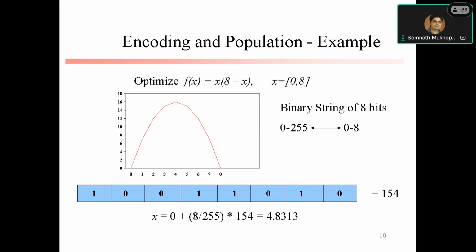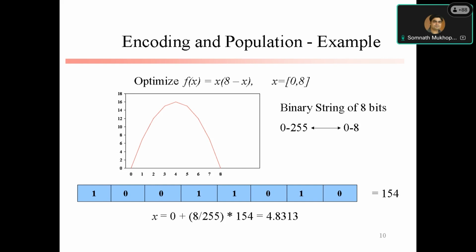This way it has a huge number of x values in between 0 to 8. So this becomes a difficult problem. We cannot solve it by any direct approach or any deterministic algorithm.